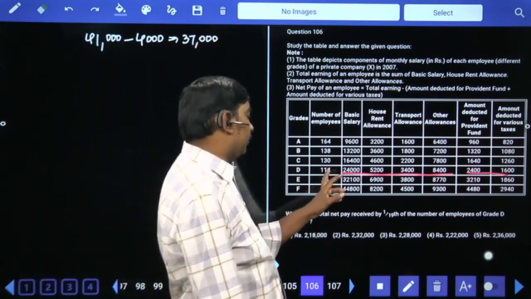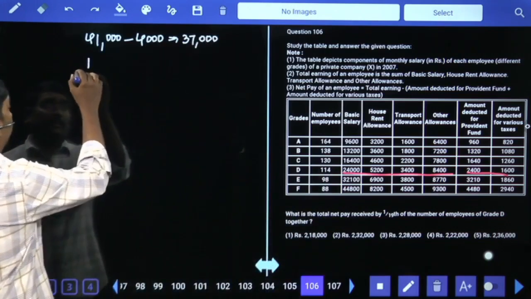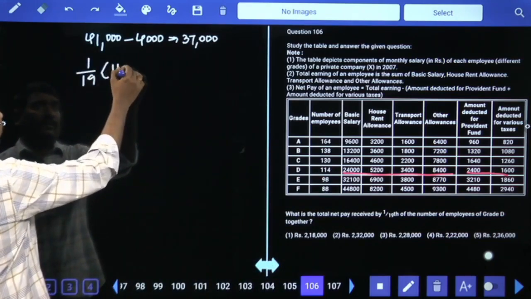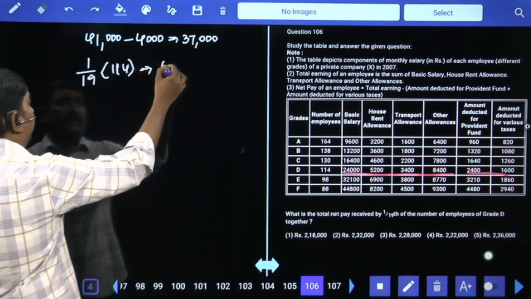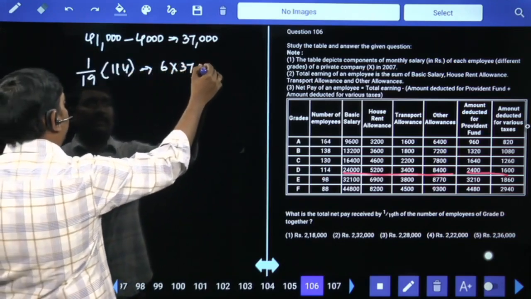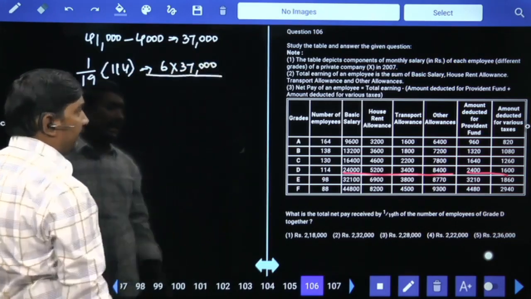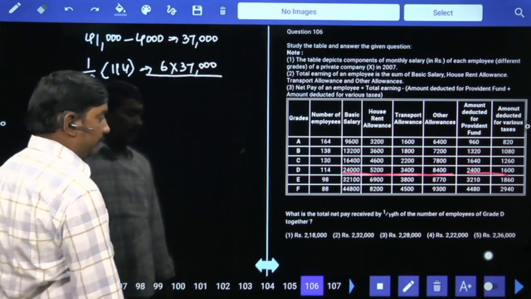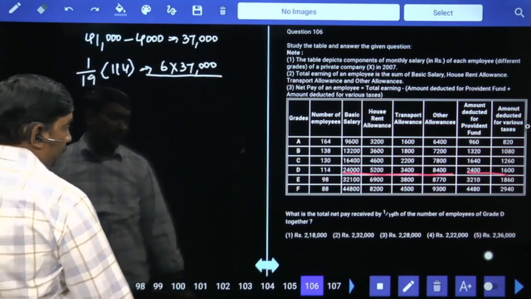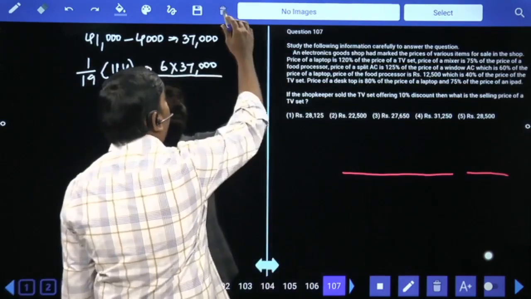So 1/19th of grade D means 6 employees' net pay, 6 into 37,000, 1,80,000 plus 42,000, 2,22,000. Option 2,22,000.